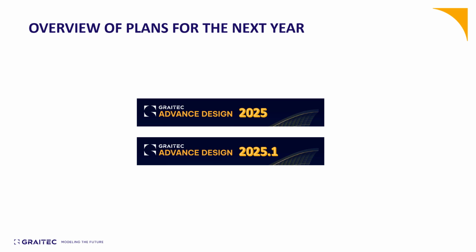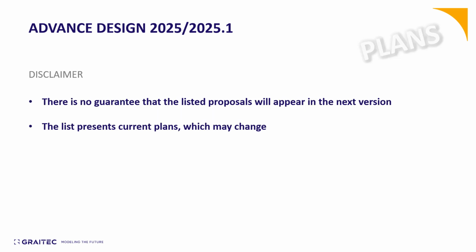That's all about the latest version 24.1. Of course, you can find more information on other novelties in the accompanying document, because as I said at the beginning, there are a lot of other smaller improvements. Now, a very brief presentation of our plans for Advanced Design for the next year. But before I start, an important note: the list of plans is not a promise.